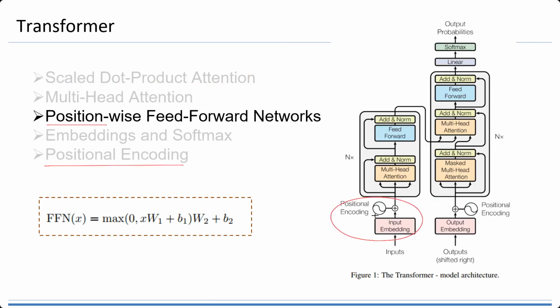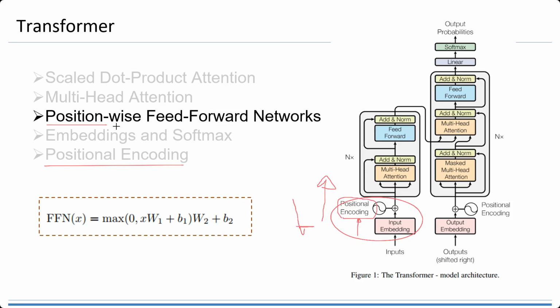The positional encoding means I would like to focus on some words in particular positions. So some of the words in some positions will have a higher value, but in the less important positions, they will have a small value. That's why we need to use the positional encoding.